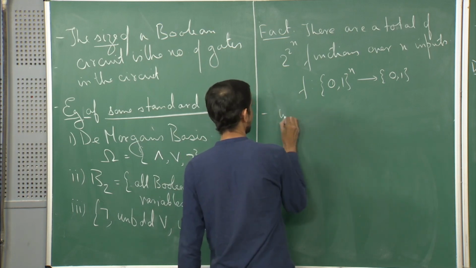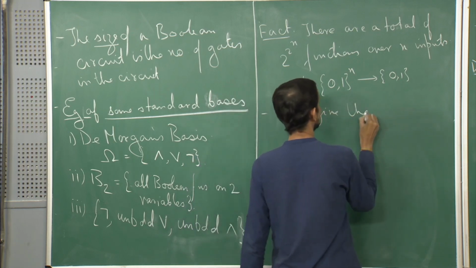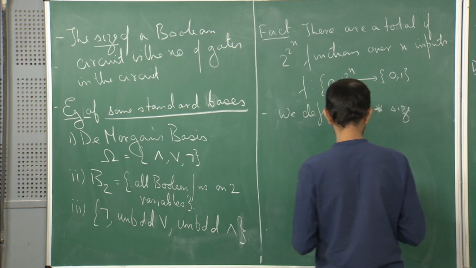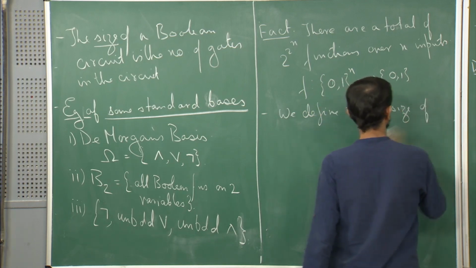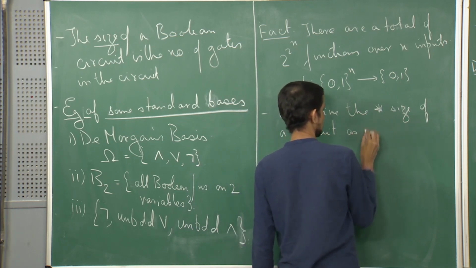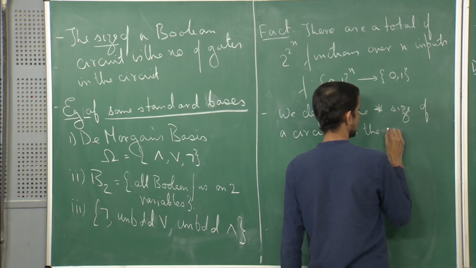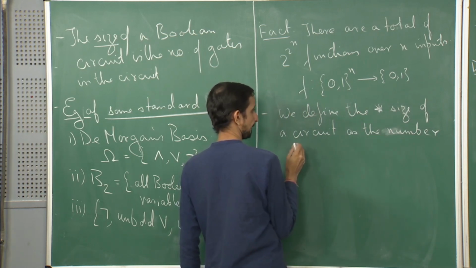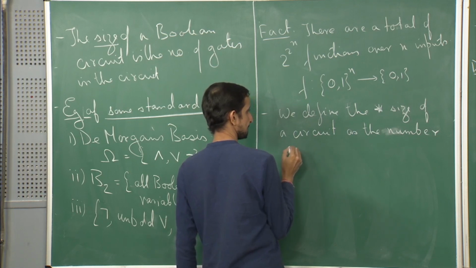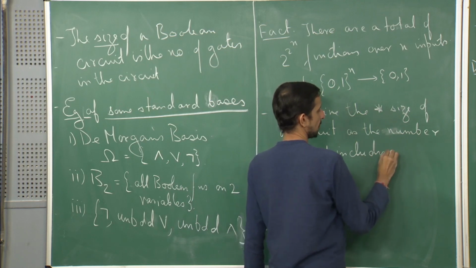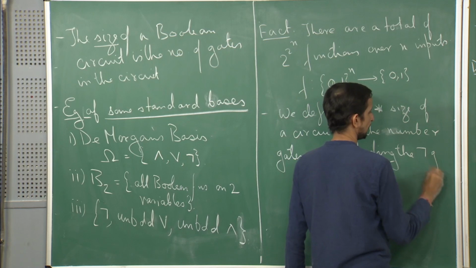Next we define the star size of a circuit as the number of gates not including the NOT gate.